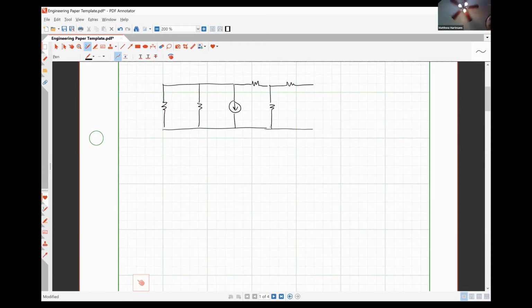All right, so this is R1, R2, IS, R3, R4, R5.